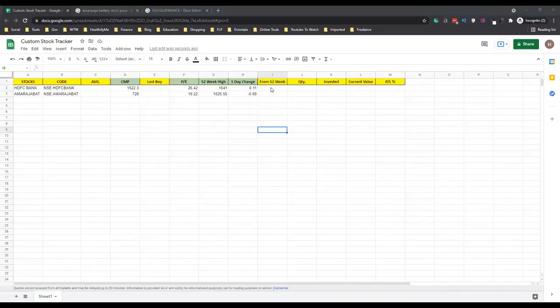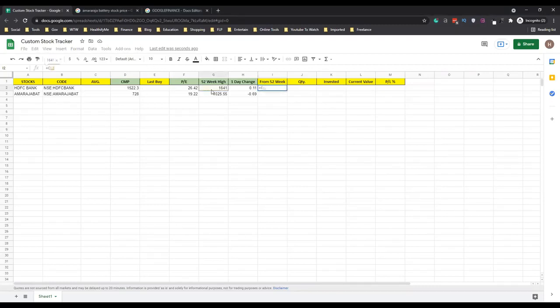The next column is from the 52-week high. Suppose I want to calculate how much this stock is down from the last 52-week high. So we can write a custom formula: the 52-week high minus the current market price, divided by the 52-week high, and this whole into 100 since we want to convert into percentage.